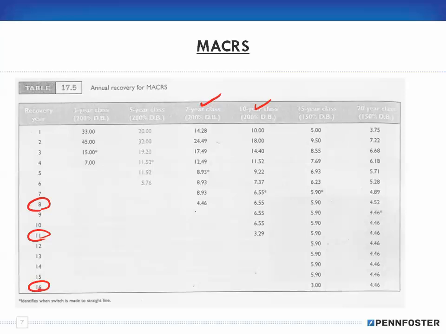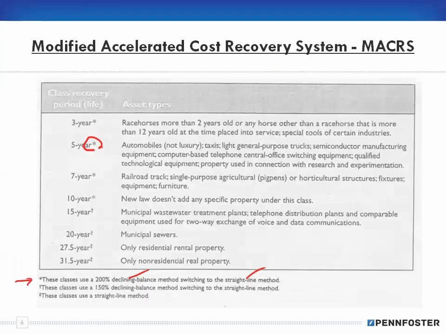Okay, so as a recap, when you have your asset, you have to look and determine what your recovery period is, the useful life, whatever that may be. You're scanning through, trying to figure it out.